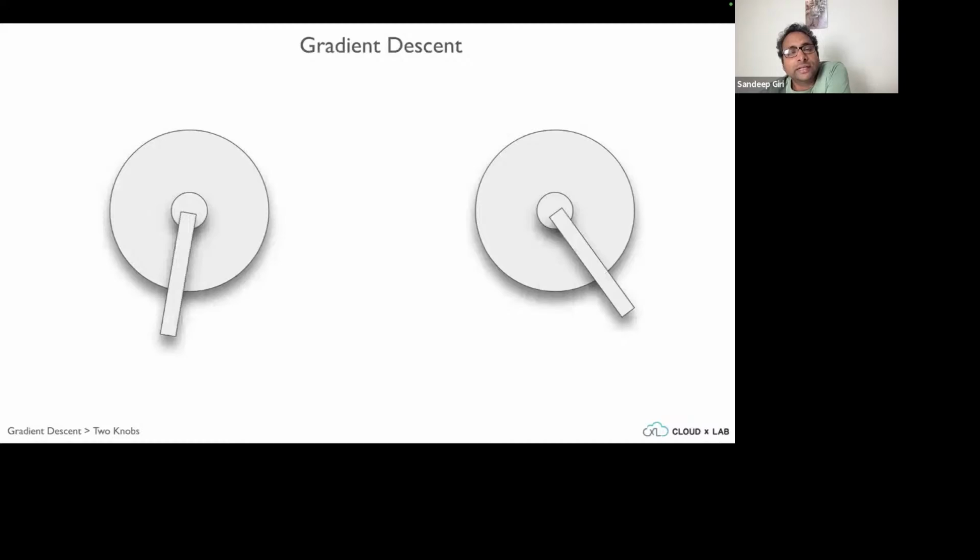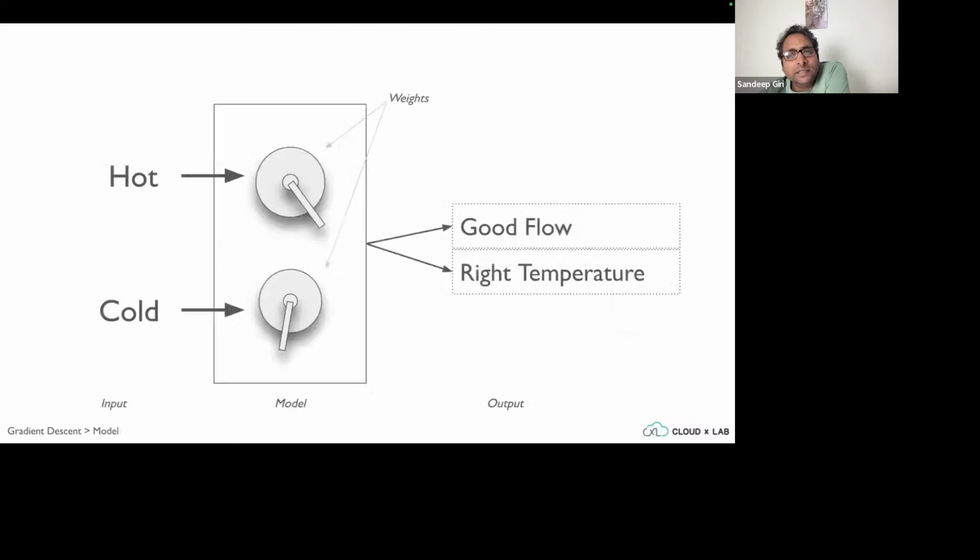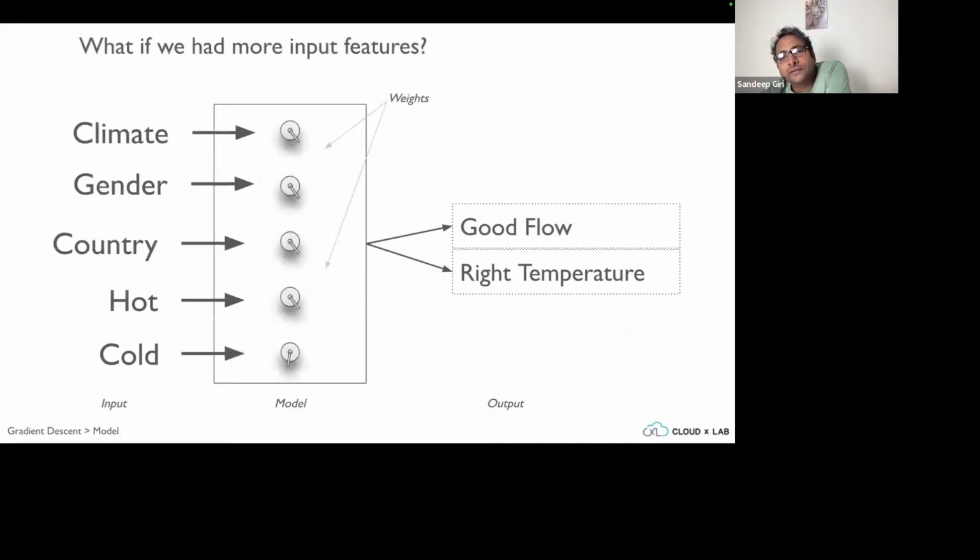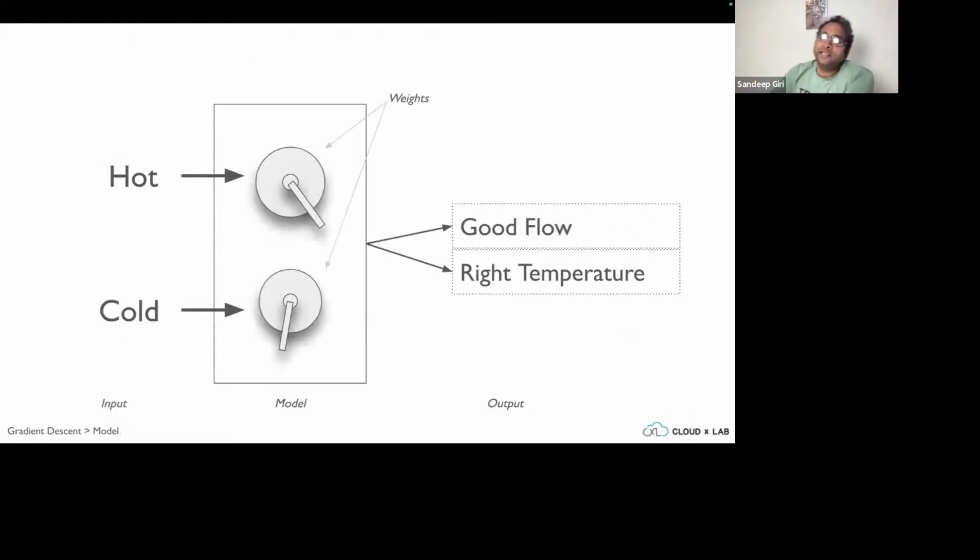Initially you just randomize them, and slowly increase one of the knobs, and then you observe whether your flow and temperature have improved or not. If not, you keep twisting them. That way you tweak one knob at a time and observe, and then change both of them, and then try again and again. That's what you do.